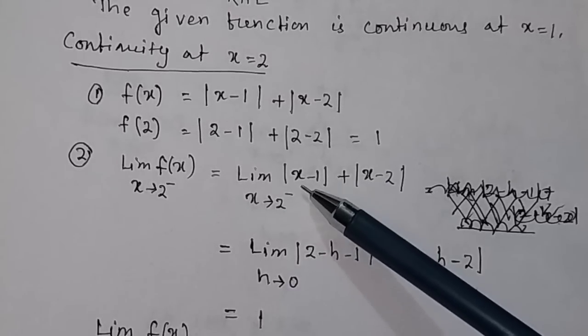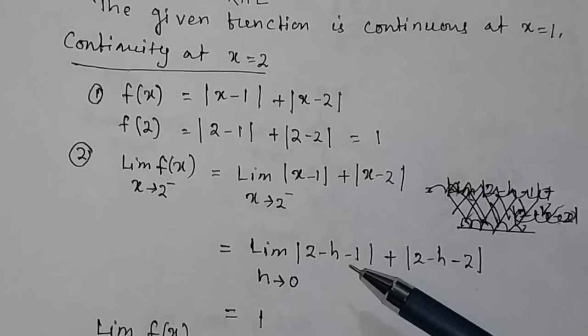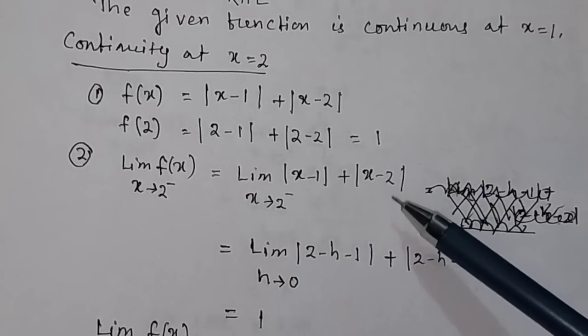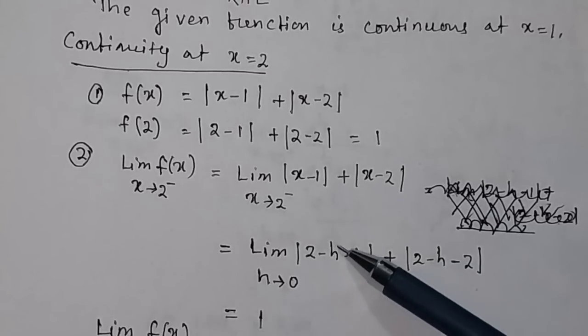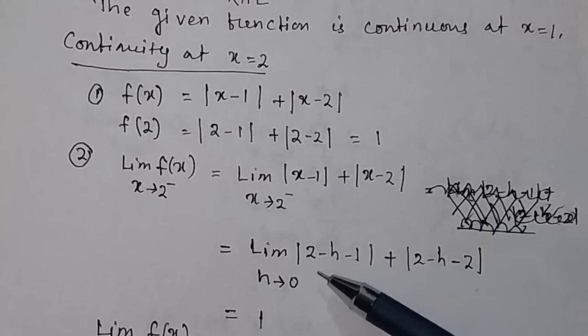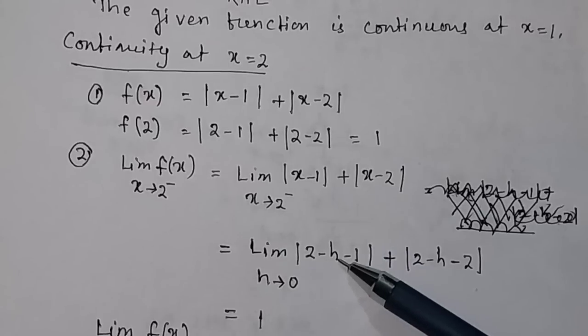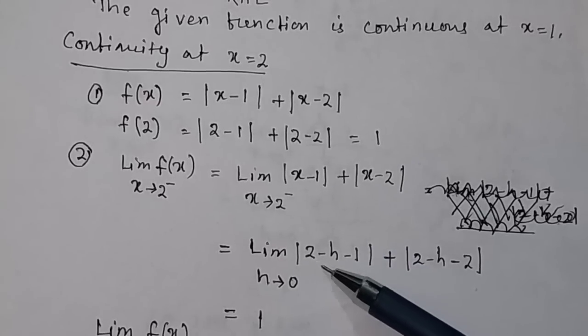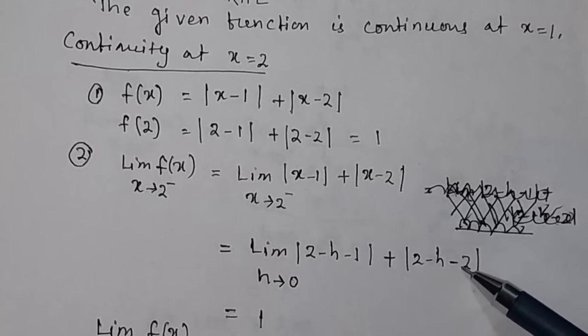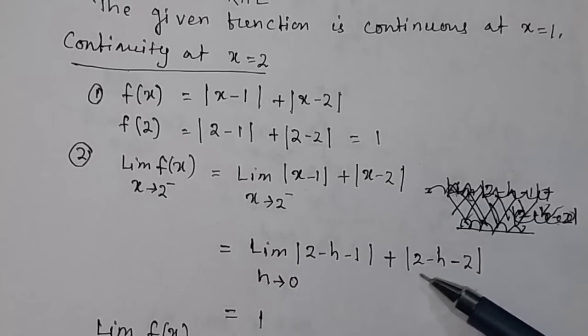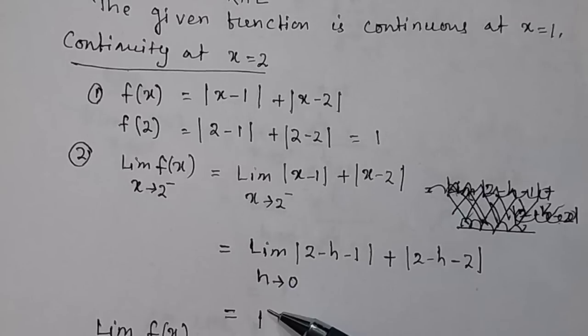So the function will be |2 - h - 1| and here |2 - h - 2|, and h approaches 0 means here you substitute h equal to 0. 2 - 1 is equal to 1, so modulus of 1 is equal to 1, and here 2 - 2 is equal to 0. So the left hand limit of the function is equal to 1.